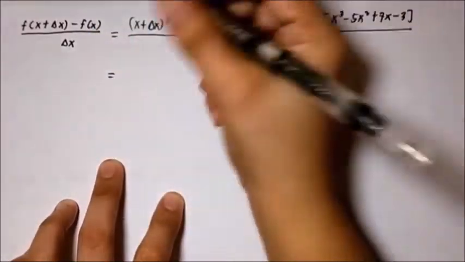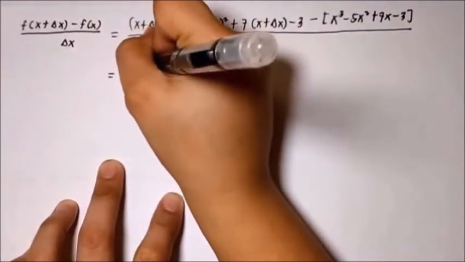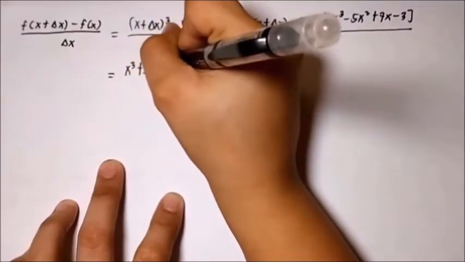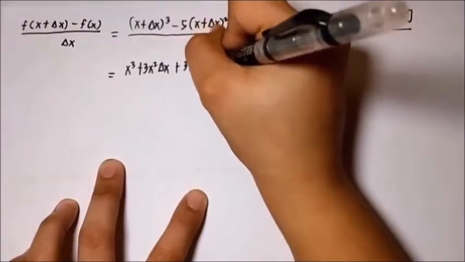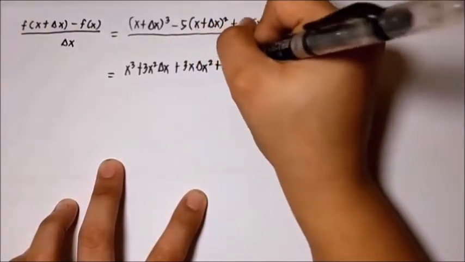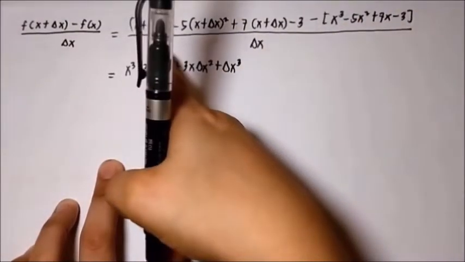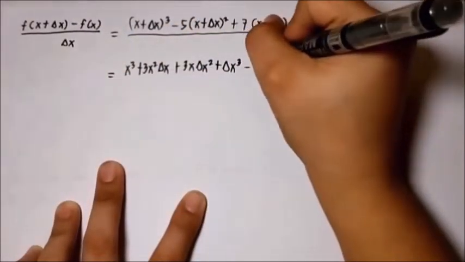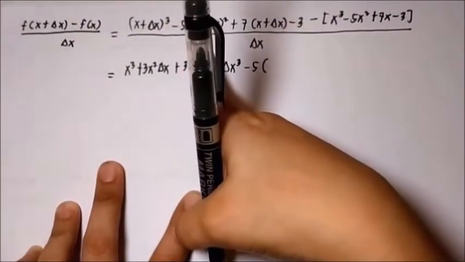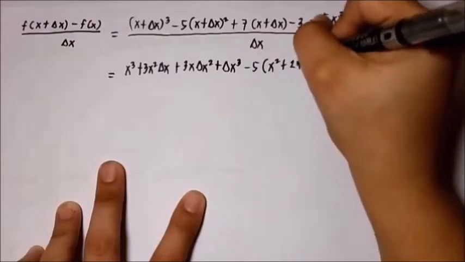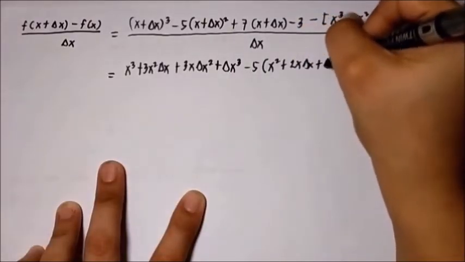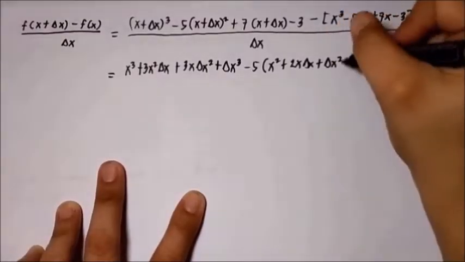For the first value, x cubed plus 3 x squared delta x plus 3x delta x squared plus delta x cubed. This is the expansion of the first one. Minus 5, and then we have to expand this one, that would be squared. X squared plus 2x delta x plus delta x squared.